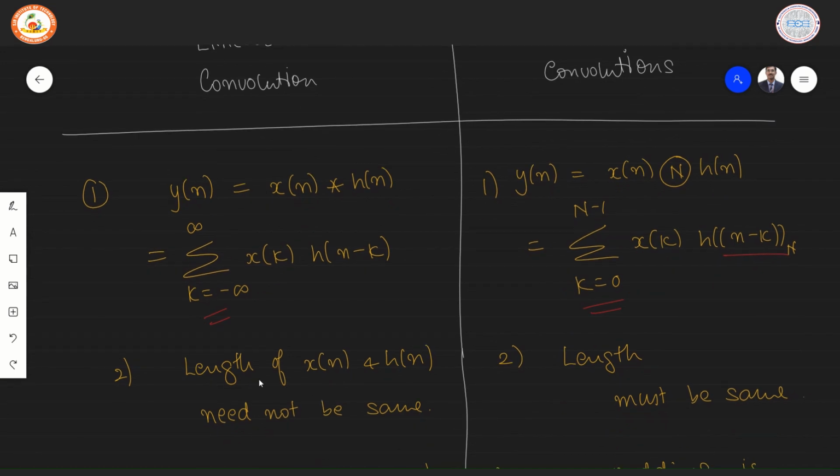In linear convolution, the length of the inputs x of n and h of n need not be the same. But in circular convolution, the lengths of both the inputs must be made the same. If they're not same, we have to append sufficient number of zeros and make it the same length. This step is called as zero padding.